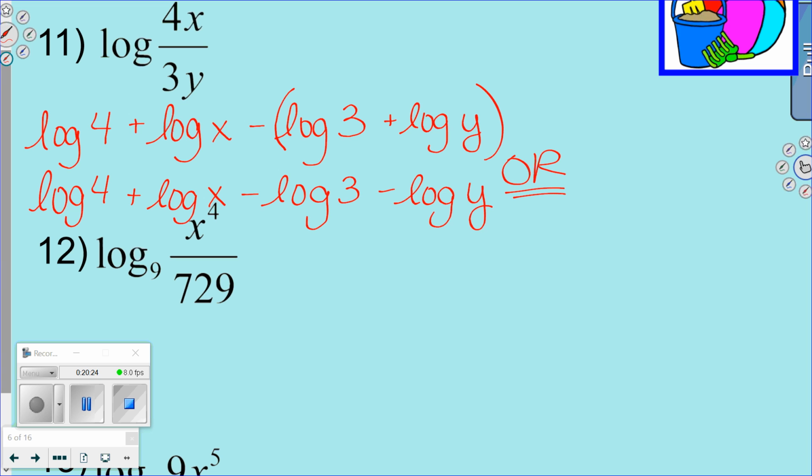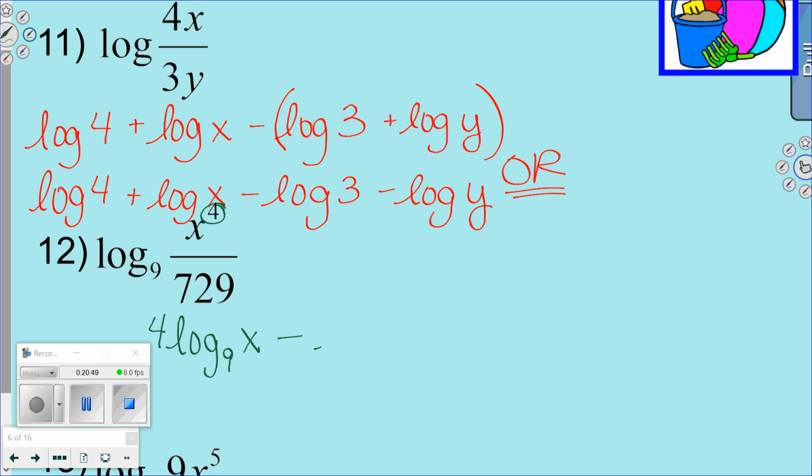Number 12, how many times will you write the word log? Twice. I have an x to the 4th, and I have a 729. So I have 2 of them. So log base 9 of x, where does that 4 go? That's going to go out in front. So 4 log base 9 of x, and then what symbol?